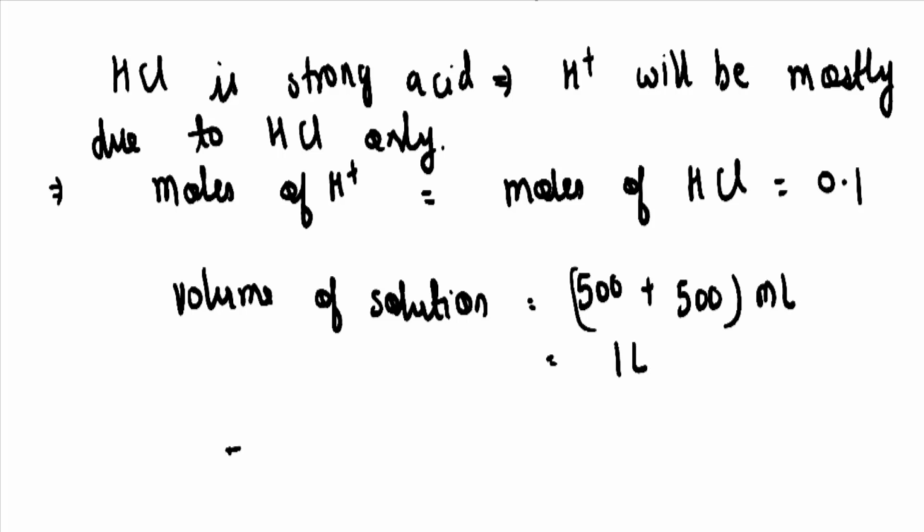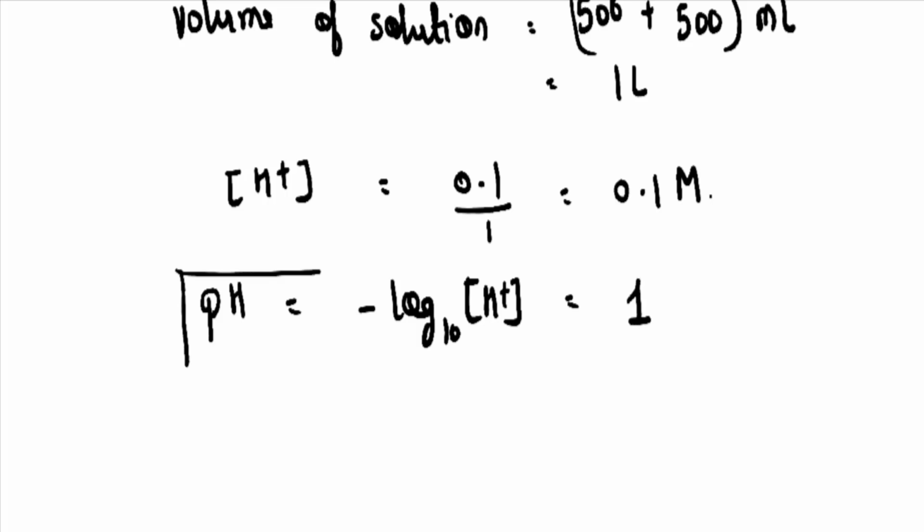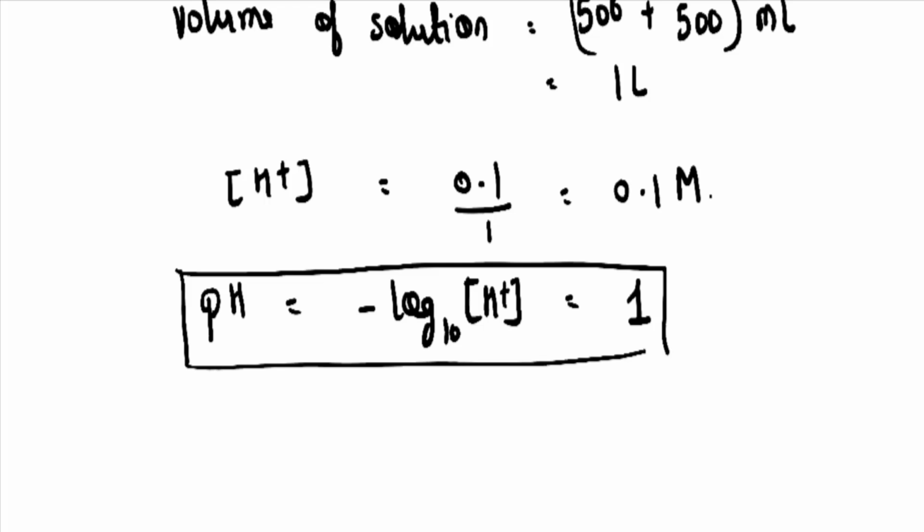So our concentration of H plus ion in the solution will be equal to 0.1 divided by 1, which is equal to 0.1 molar, and hence our pH of the solution will be equal to minus log base 10 of H plus concentration, which is equal to 1. So this will be the pH of the solution.